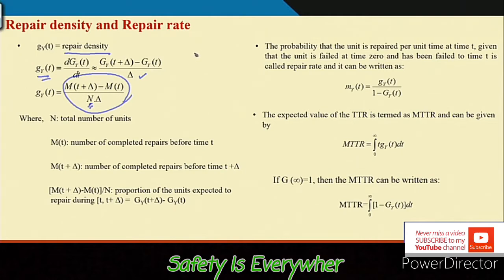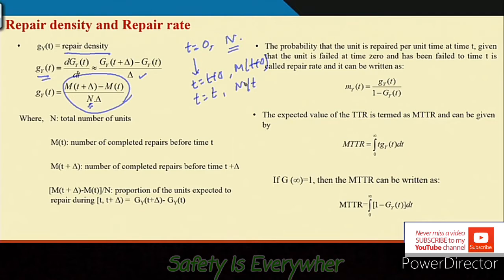So at t equal to 0, there are N failed components under repair, and at t plus delta, M(t plus delta) are repaired, and at t, M(t) components are repaired. Then the difference, M(t plus delta) minus M(t), is nothing but the number of components repaired within delta amount of time.